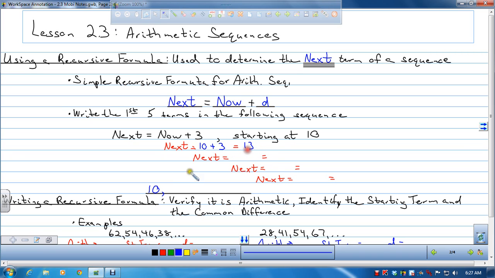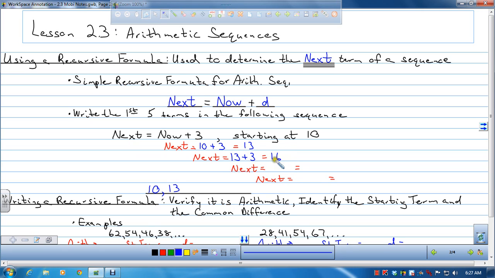So simply it's 13. Now I know that if I told you the starting value was 10 and the common difference was 3, you'd be able to just list all these off. But as we get more complicated, it's important to be able to understand that to get the next value, you take the previous value or the now value and add that common difference.